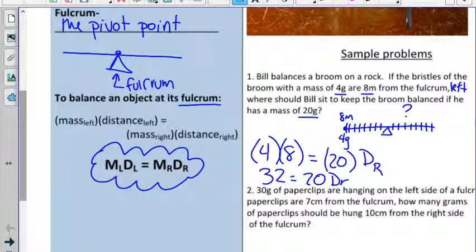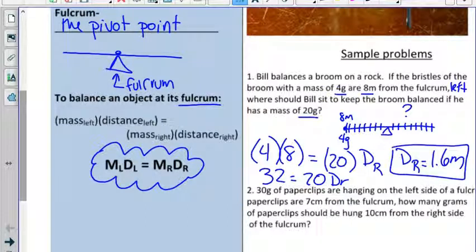I have to divide both sides by 20. And 32 divided by 20 gives us a distance on the right of 1.6 meters. That's my answer. So if I draw this, 1.6 is right here in the middle, and the mass is 20 grams.